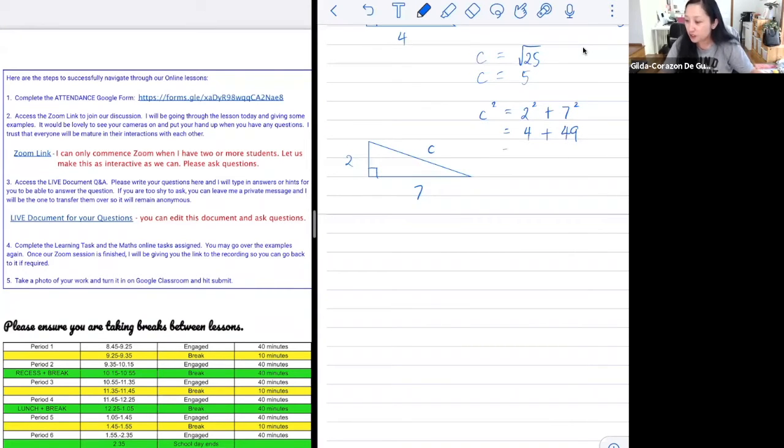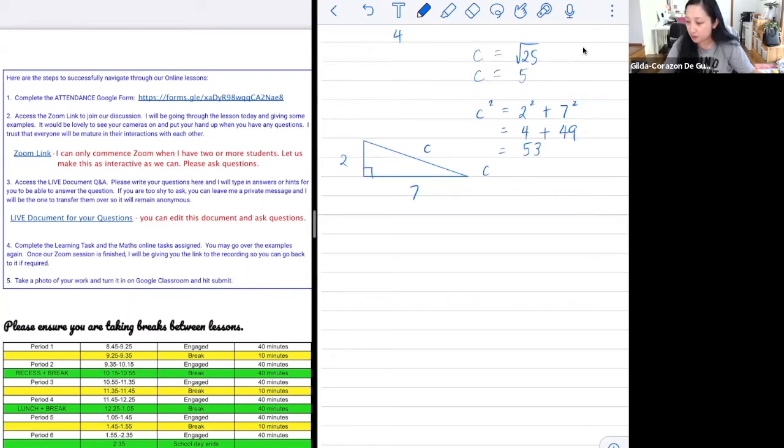And 4 plus 49, what would that be? 53. We've got C squared equals 53, but we just want C, and therefore we put the square root of 53. And what would that be? 7.28. You might want to write 2 decimal places there.